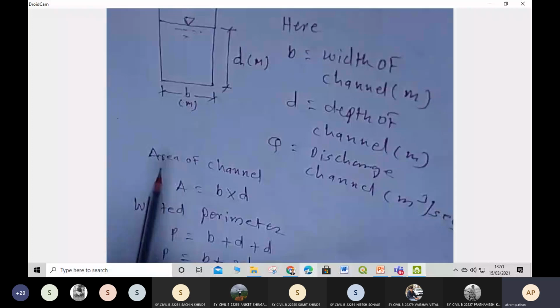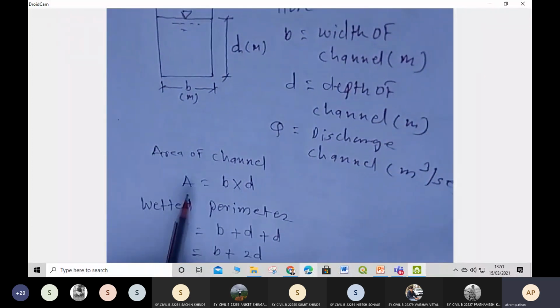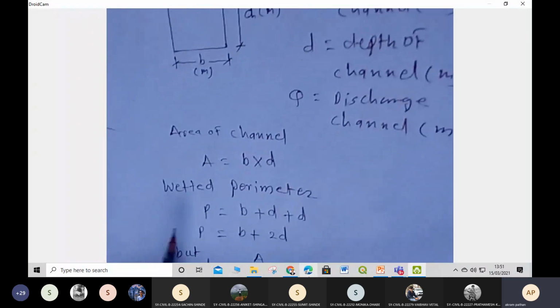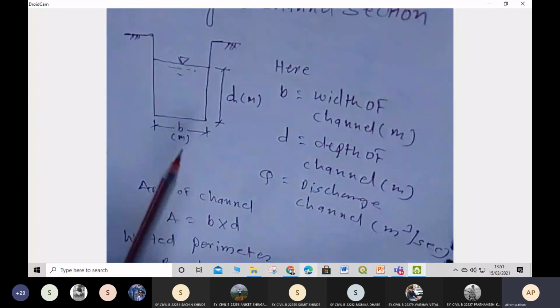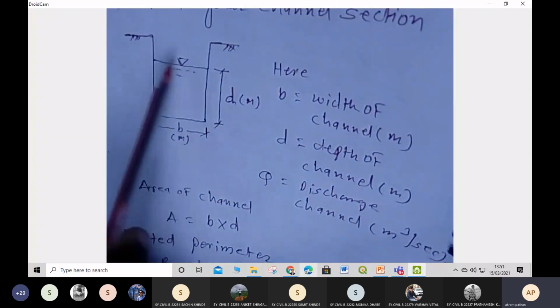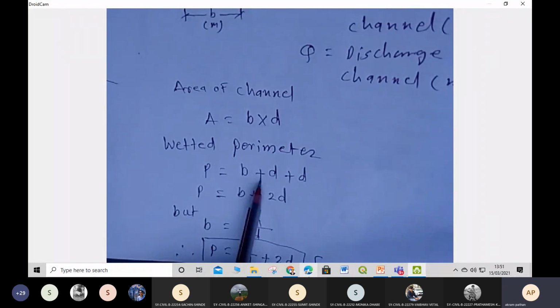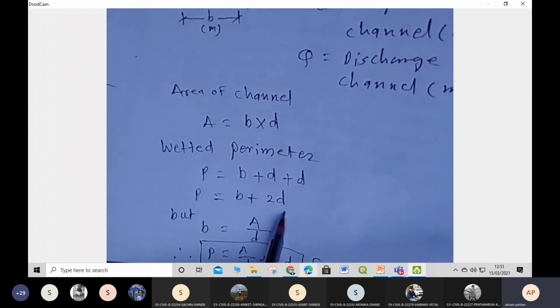Now here we have the area of the channel section. How will you calculate the area for the rectangle? B into D. Then we have to calculate the wetted perimeter. What is wetted perimeter? Wetted perimeter means the surface under submergence. So here P is equal to B plus D plus D, so P is equal to B plus 2D.